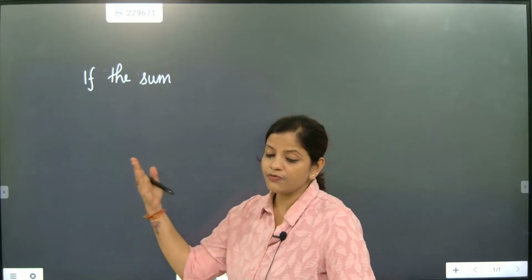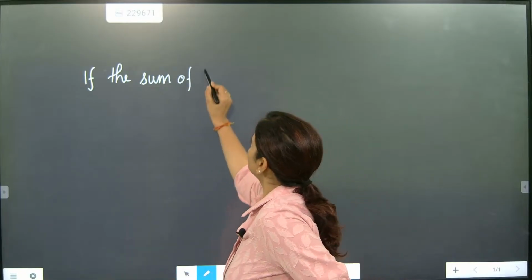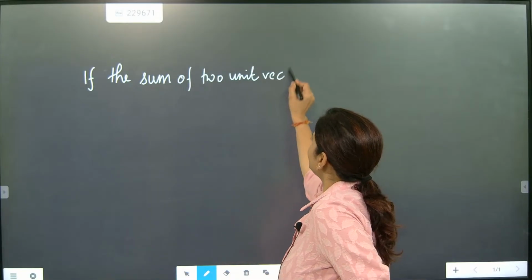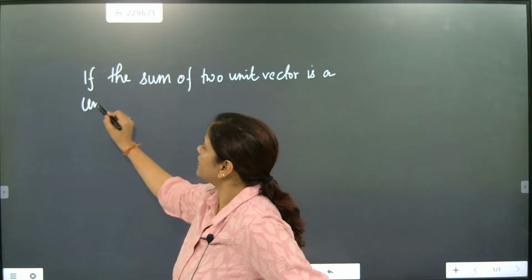If the sum of two unit vectors is a unit vector.